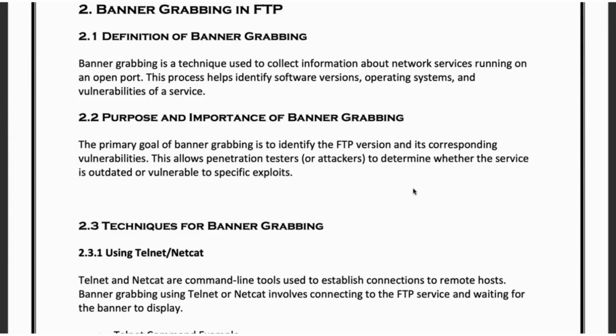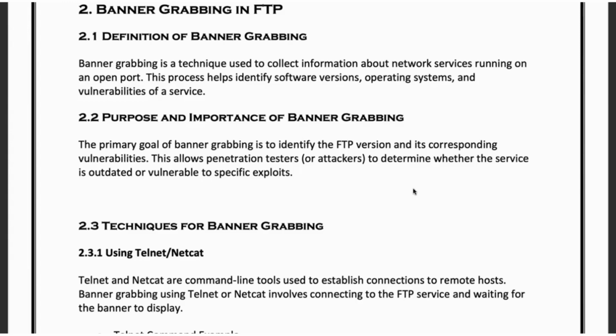But sometimes misconfiguration happens on the server side, or maybe the developer forgets to update the service version. So an attacker can make a connection to these ports and then exploit it, or retrieve some data. In all these processes, banner grabbing is your friend.